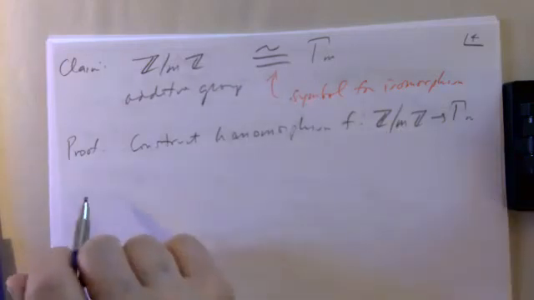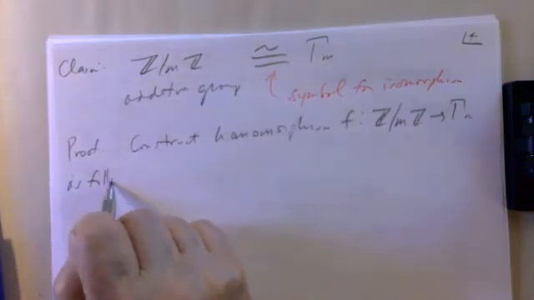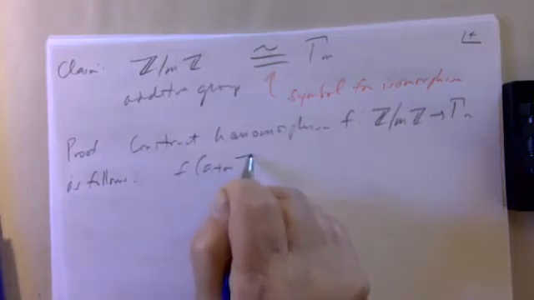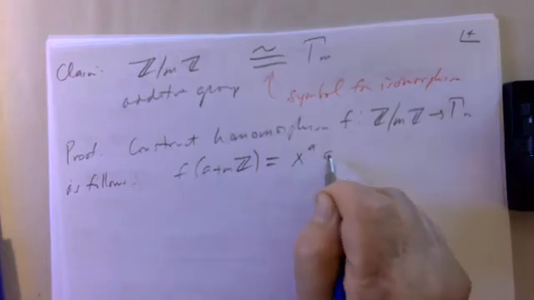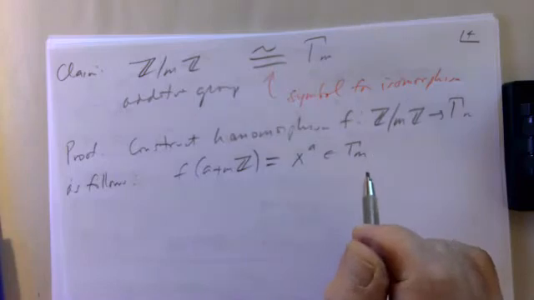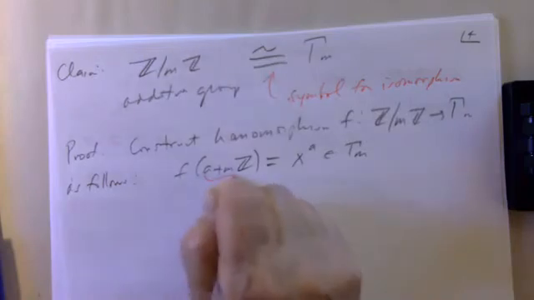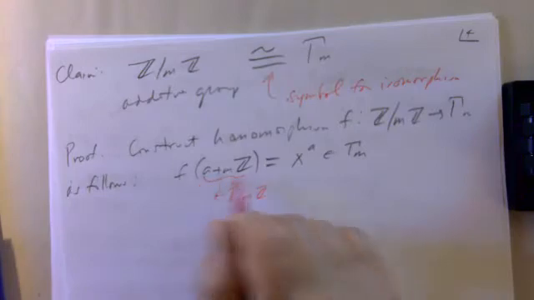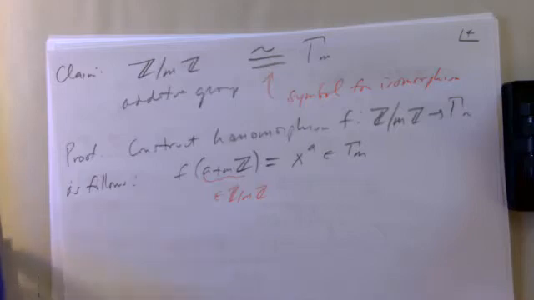And how do we do this? As follows. You let f of the congruence class a plus mZ be equal to x to the power a in the cyclic group of order m. So this is in Z mod mZ, that's a congruence class, and f of that congruence class is this element in the cyclic group. So what do I have to show?